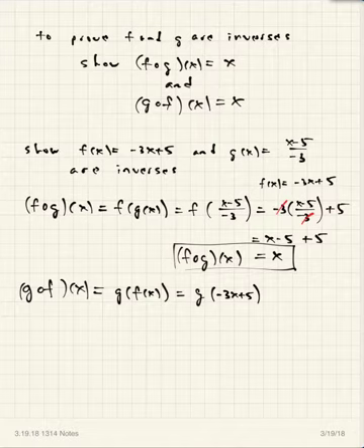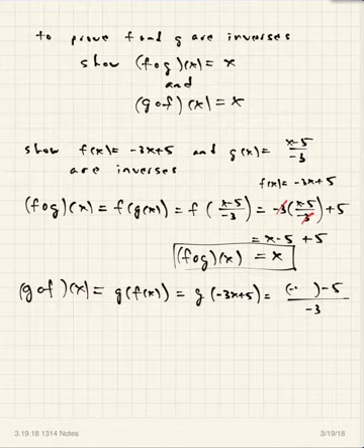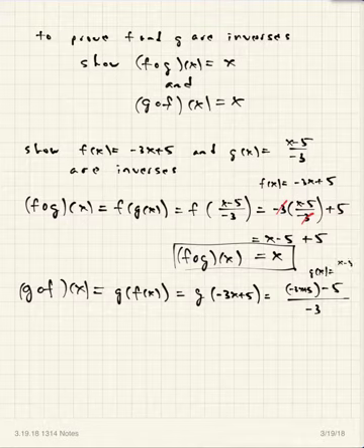And then I'd go to the function g, and wherever I see an x, right, I put negative 3x plus 5. So open a set of parentheses, minus 5, over negative 3. And in place of those parentheses, I put negative 3x plus 5. Don't forget that g of x is (x minus 5) over negative 3. Like that.